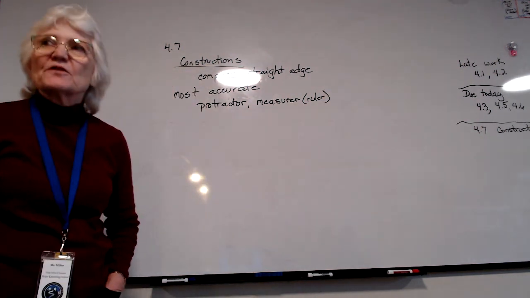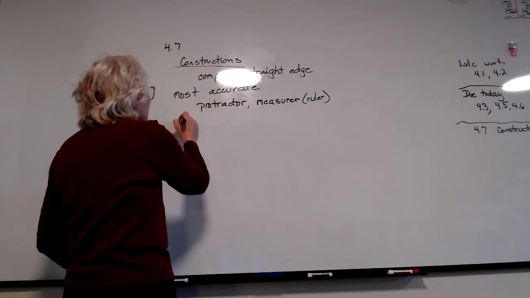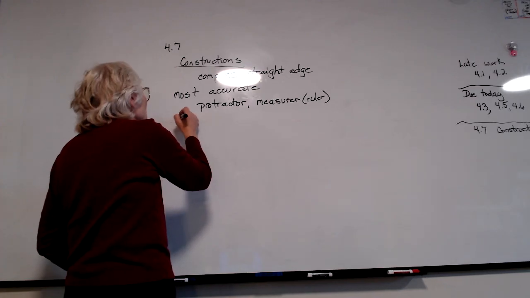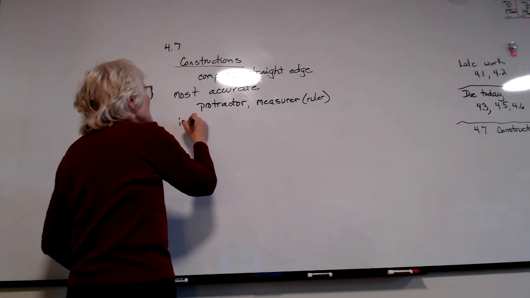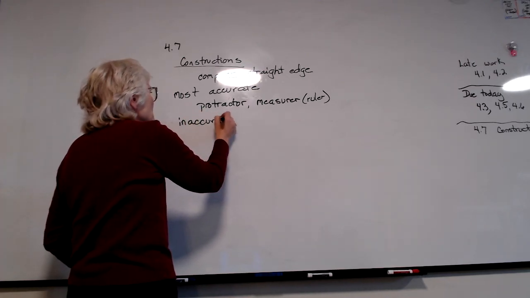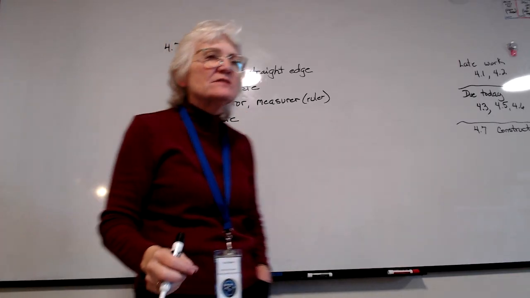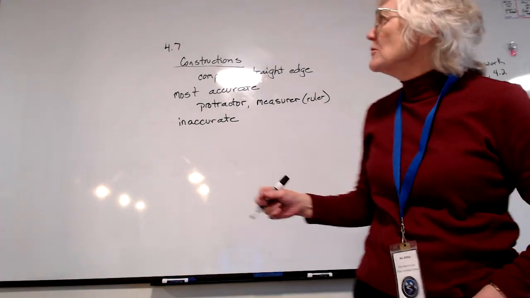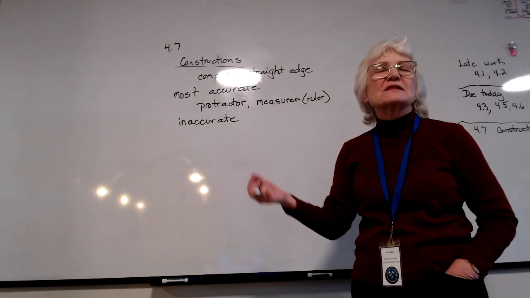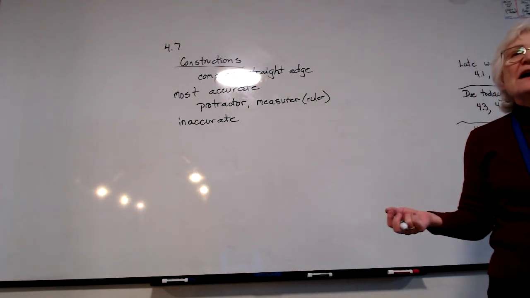Okay, so this is where we're more inaccurate. So that's why when you're trying to do something very accurate, you would use a protractor and or a compass and a straight edge.